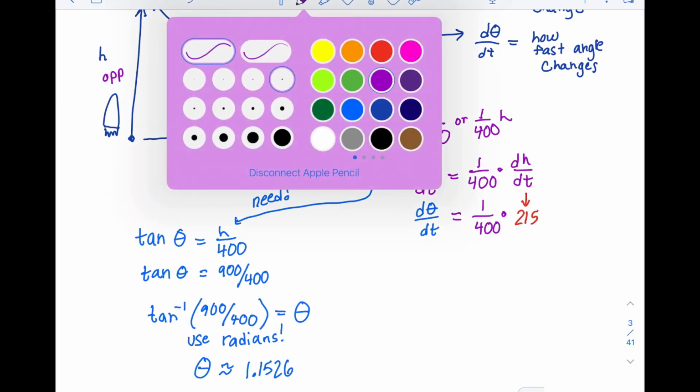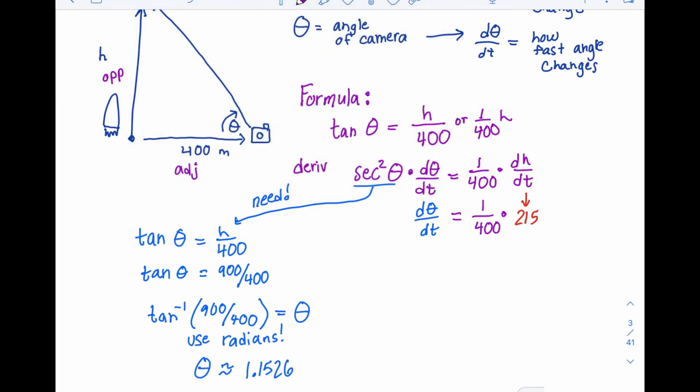So if I go back to my problem, I know theta, so I can have secant squared of the angle that I just found. And then I can proceed with figuring out my value for d theta/dt, because I can rearrange and solve for it. The easiest way, I think, is to think of that secant squared as 1 over cosine squared.